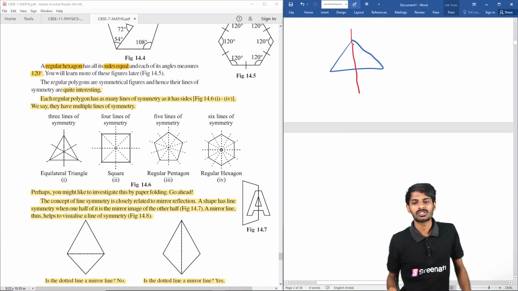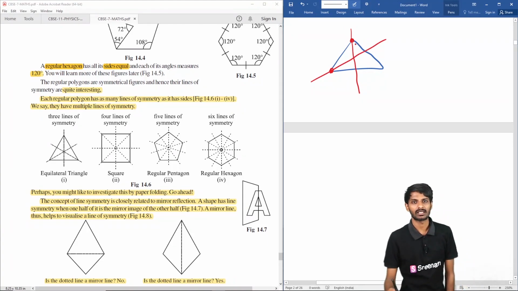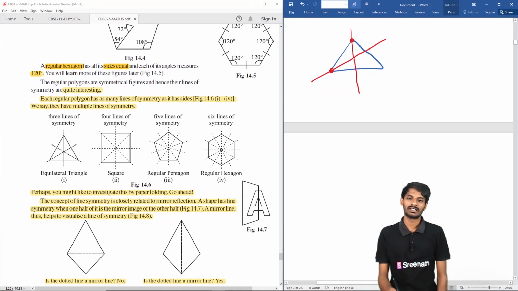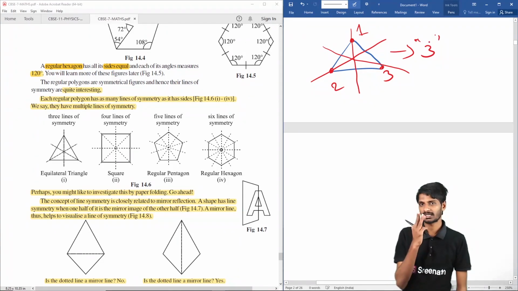Along this line, which is passing through this vertex and the opposite side, it is symmetrical. And along this vertex and this opposite side, it is another line of symmetry. So 2 lines of symmetry. And along this vertex, you can draw another line. So it is the third line. If you name it 1, 2, 3, it is having 3 lines of symmetry. Okay, students. So this is the beauty of the thing.